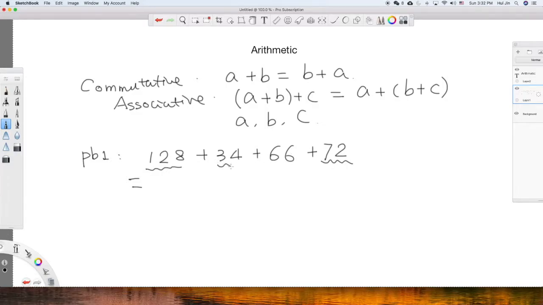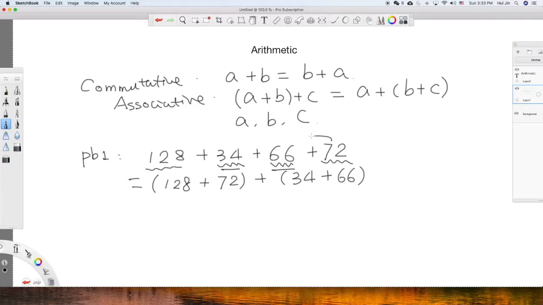And for 34 and 66, you add them up, it becomes 100, right? So the simplest way to add, I should say, is you can add (128 plus 72) plus (34 plus 66). So it uses a combination of the commutative property and the associative property.